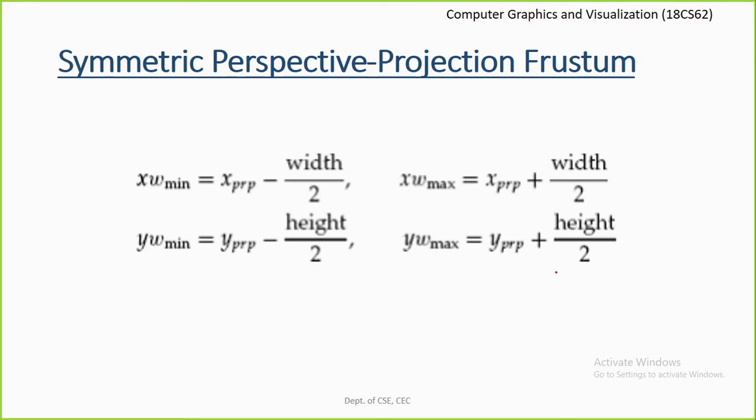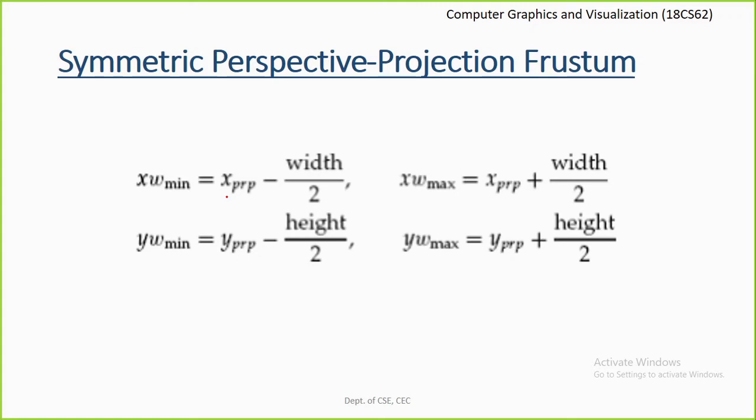XW max is given as XPRP plus the width of the window divided by 2. YW minimum is given as YPRP minus height by 2, and YW max is given as YPRP plus height by 2. So if you know the window width and window height and the projection reference coordinates XPRP and YPRP, we can calculate the left, right, bottom and top boundaries of a given clipping window in the case of a symmetric perspective projection frustum.